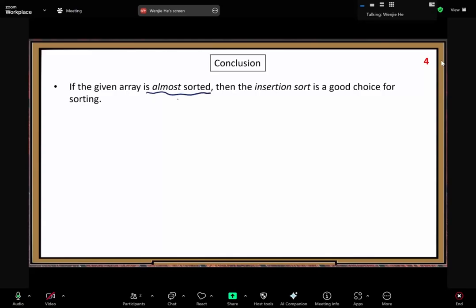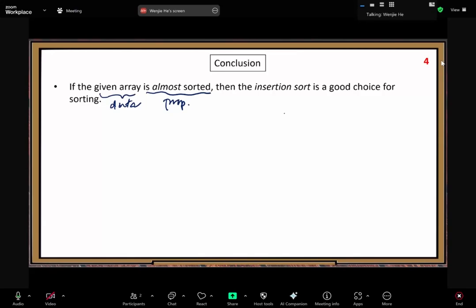Our data has this property. Then, the insertion sort is a good choice for sorting.